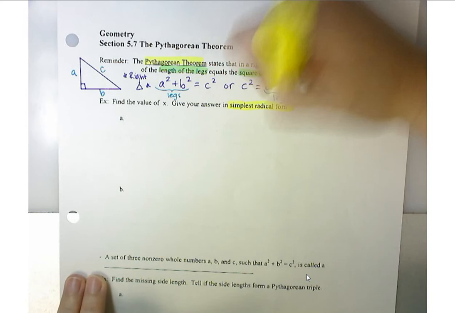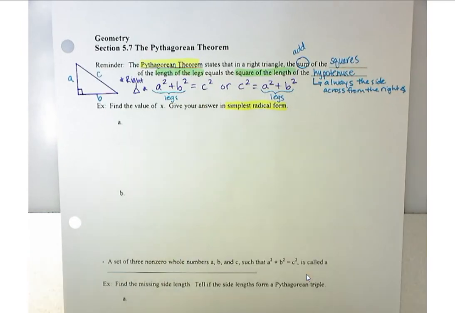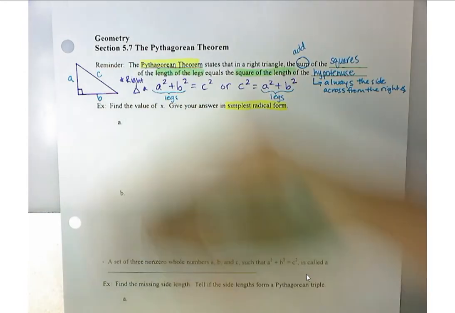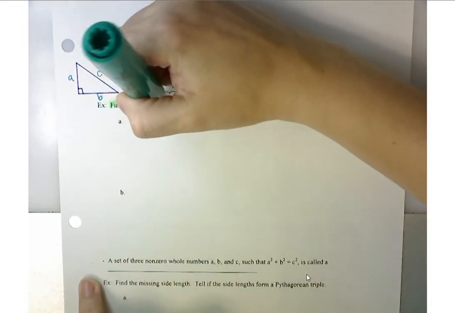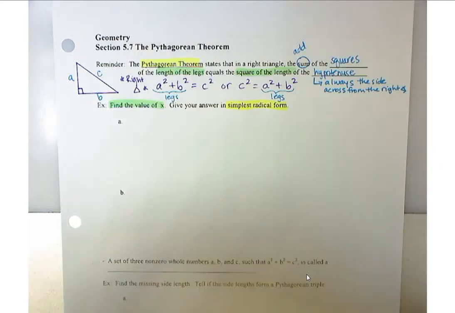So, for our first example, we're going to give our answers in what is called simplest radical form. Now, this is something that we did on the Are You Ready packet, and it's also something that you guys had in your algebra review packet, but I'm going to go over that again with you. Okay, so for A and B, we're going to be finding the value of x. And we're going to draw our triangles.